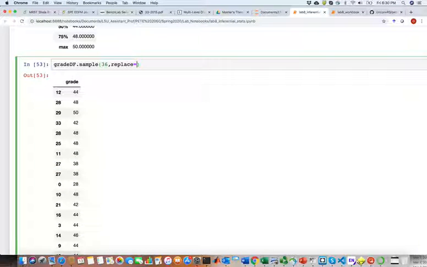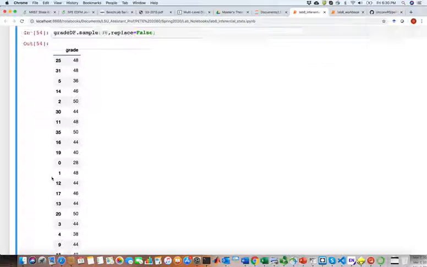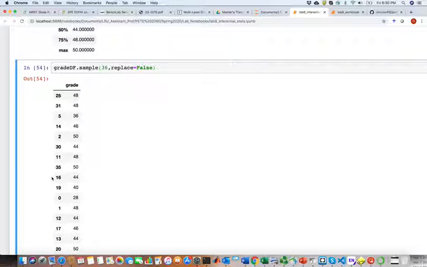If you make it equal to false, which you shouldn't do if you're trying to do bootstrapping, then no student is repeated. So you basically shuffled it. You used to go from 0 through 35 to get 36 students, and now it's just shuffling it. So the order has changed, but the entry remains the same.